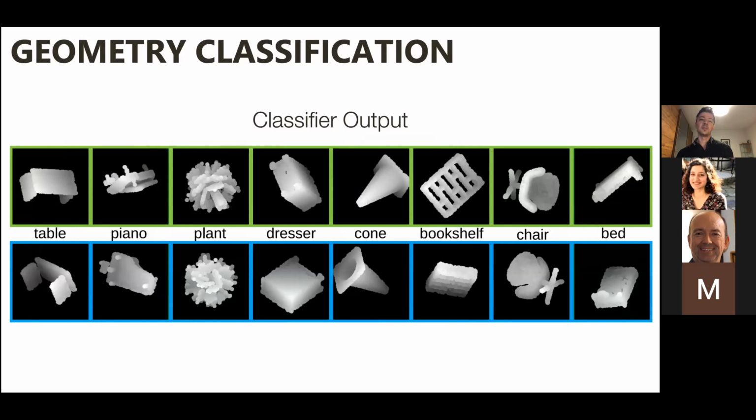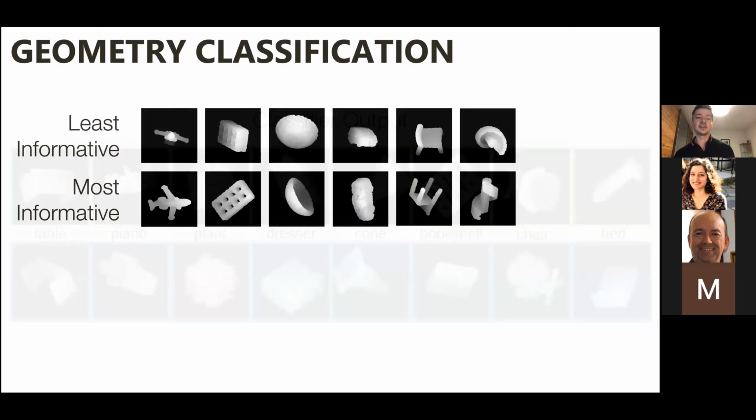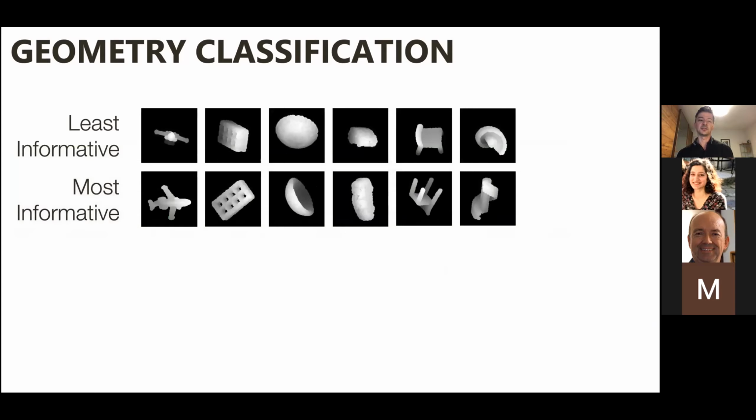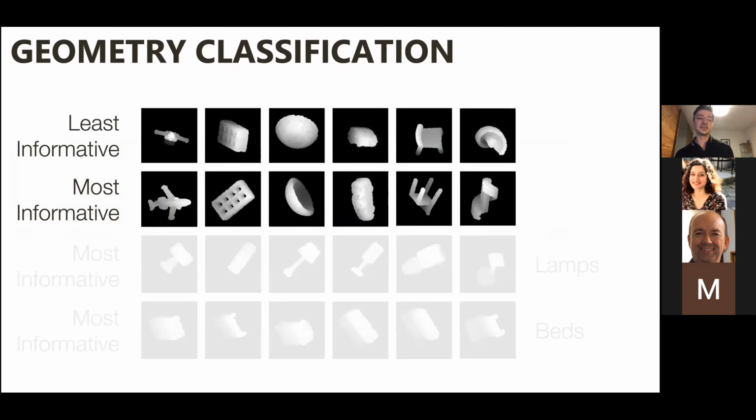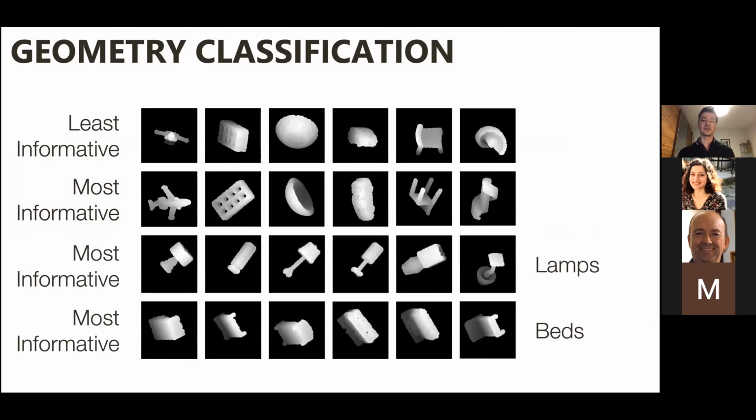And an interesting byproduct of this project was that, since we explicitly optimized for the views, you could actually get the most and least informative views out of this architecture. And it kind of matches human intuition. For example, for the chair, the algorithm tries to expose the X so that it's clear it's a chair. And these are also consistent across a particular class. So if you have the same class, for example, lamps, then it's always giving you the same view.